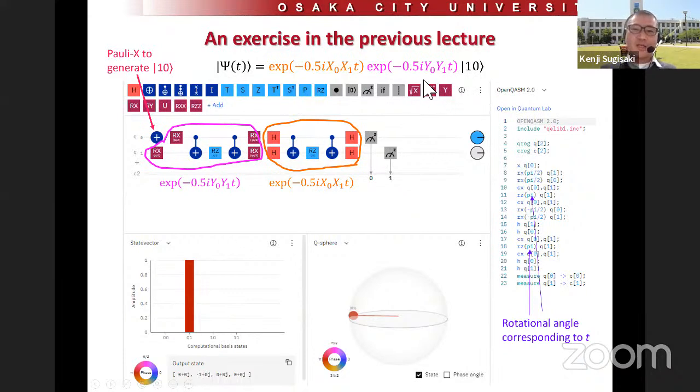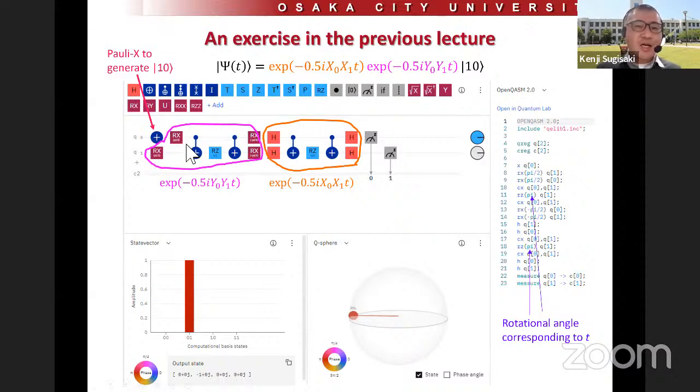We can decompose the time evolution operator into 2 exponential operators with only 1 Pauli string in each exponential operator. In this case, first we apply the exponential of minus 0.5 i Y0 Y1 t. The quantum circuit corresponding to this exponential operator can be constructed as shown here.